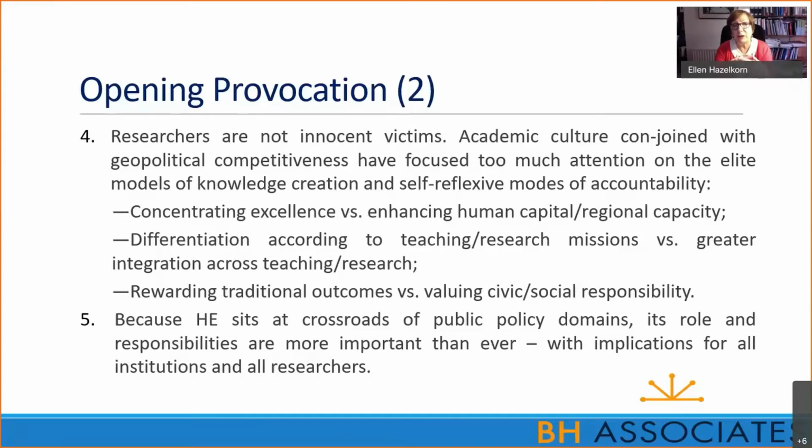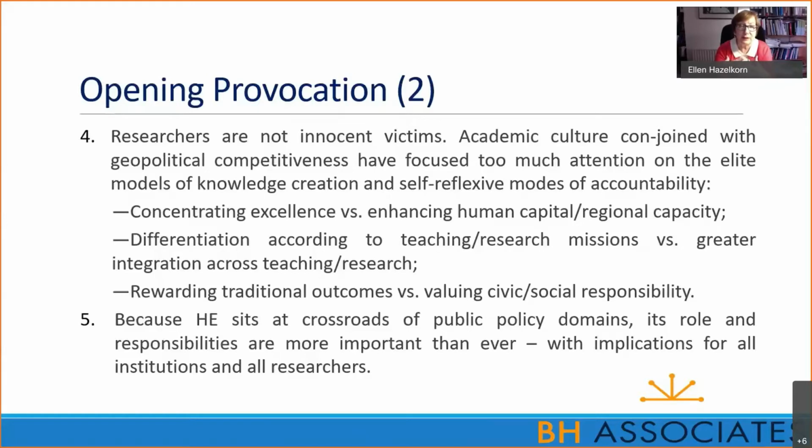And what I would call self-reflective modes of accountability, that we review stuff within ourselves in our own little communities. And so we've seen these issues around concentrating excellence versus issues around expanding or enhancing human capital or skills, the issues around regional capacity.